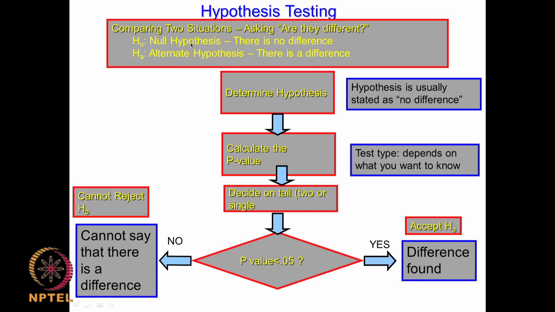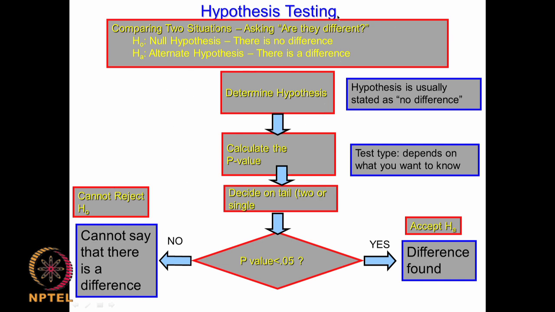As I mentioned, you have the null hypothesis and the alternate hypothesis, H0 and HA, or some people use H0 and H1. H0 is no difference, status quo. HA is there is a difference, or drug A is better than drug B, or drug A is less than drug B. That is the alternate. So, that is the hypothesis.